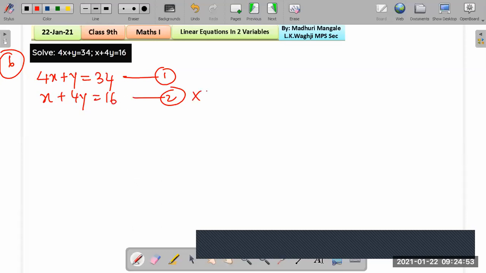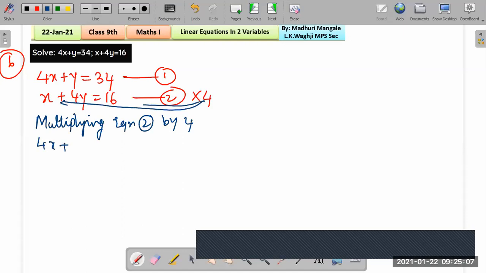So simply multiply equation 2 by 4. Multiplying equation 2 by 4, that would become 4x, 4 times x is 4x, 4 times 4y is 16y, equals 4 times 16 is 64.